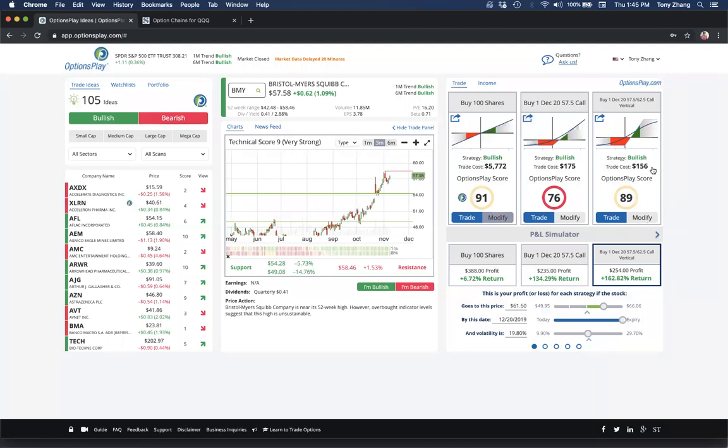So take a look at vertical spreads, because the 175, that's an expensive option by looking at the options play score. But if you do get a run, even to $61 here, a 5% return on the stock, 100% return on the call, 124% return on the call spread.